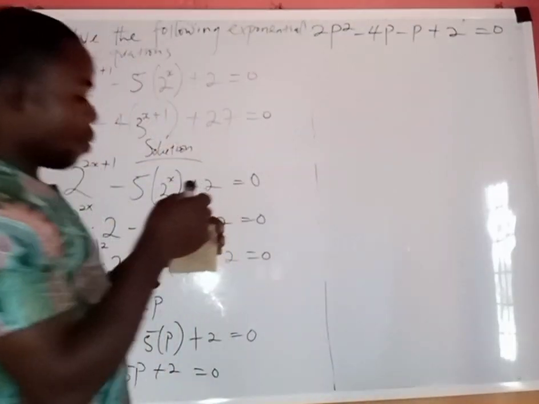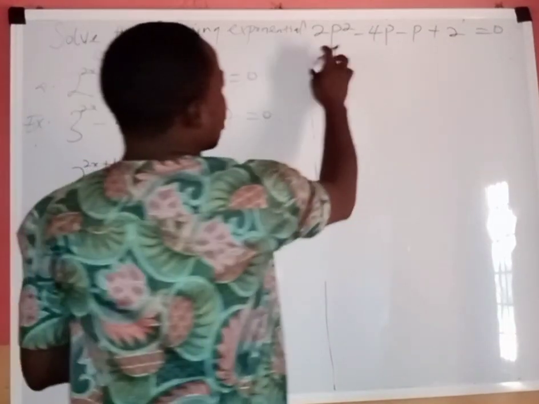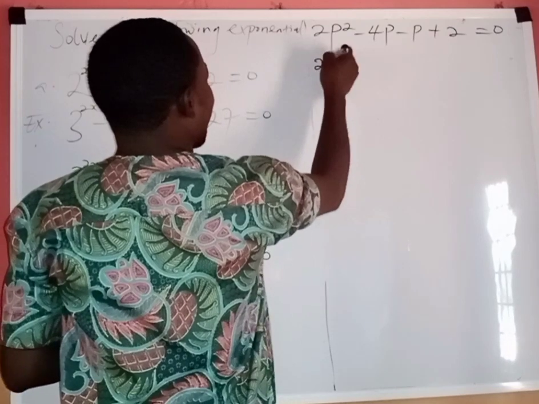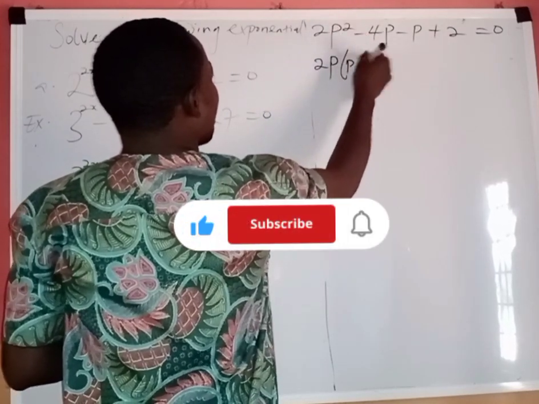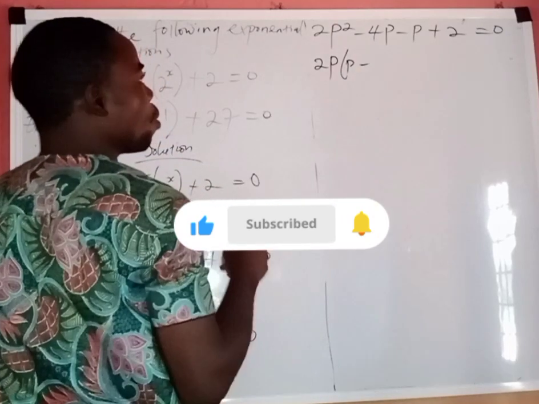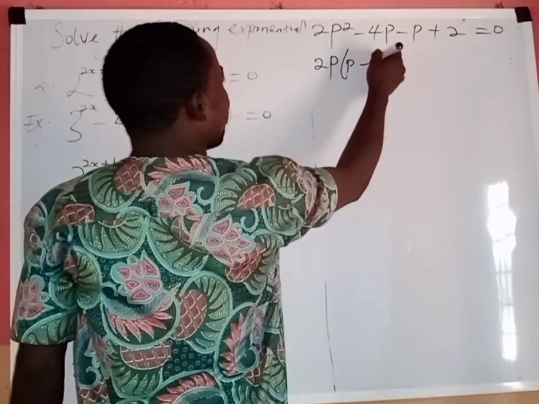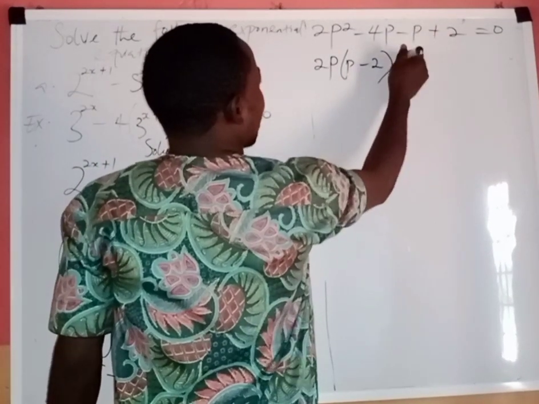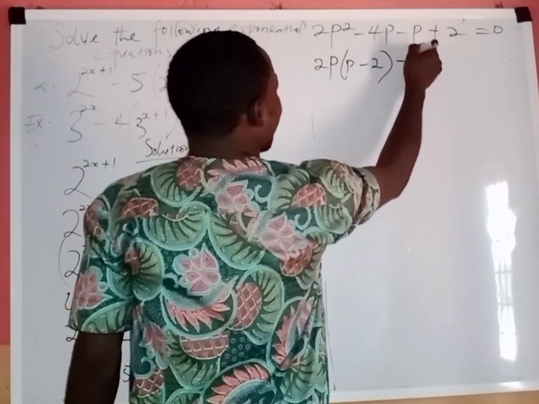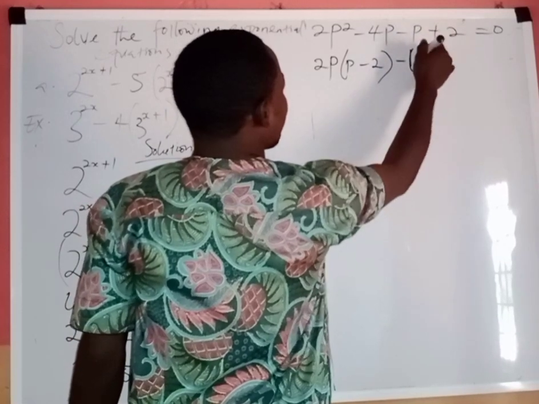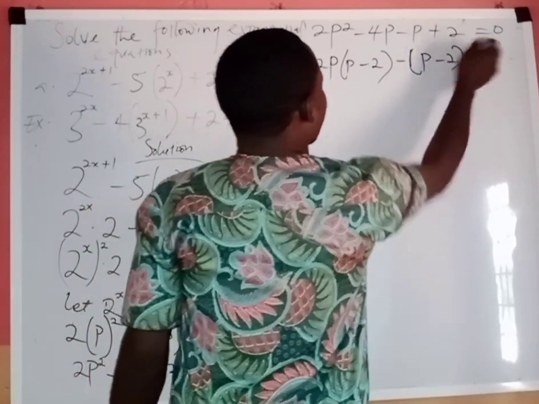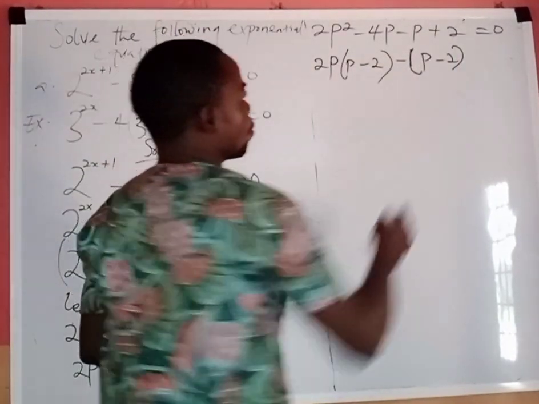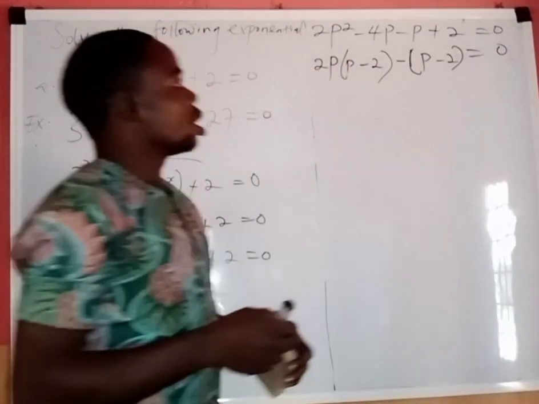So this is what we have, and moving further, we can factor out something here. If you factor out 2p, we have 2p into p minus 2, since factoring 2p out of 4 leaves 2. Now here we can also factor out minus 1, and put these in a bracket, so that when you open the bracket, you get back your positive 2, and it is equal to 0.